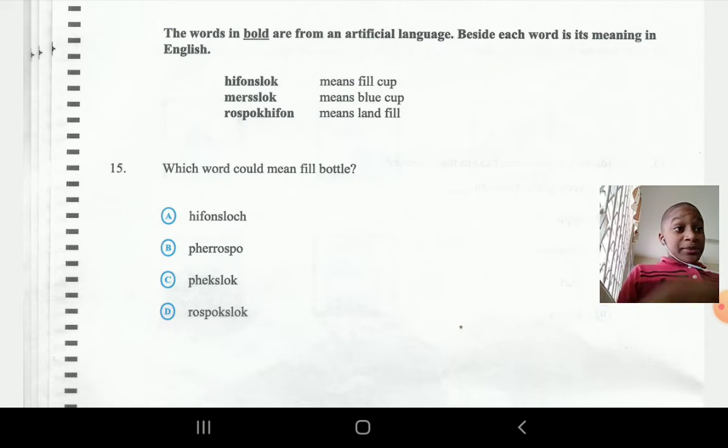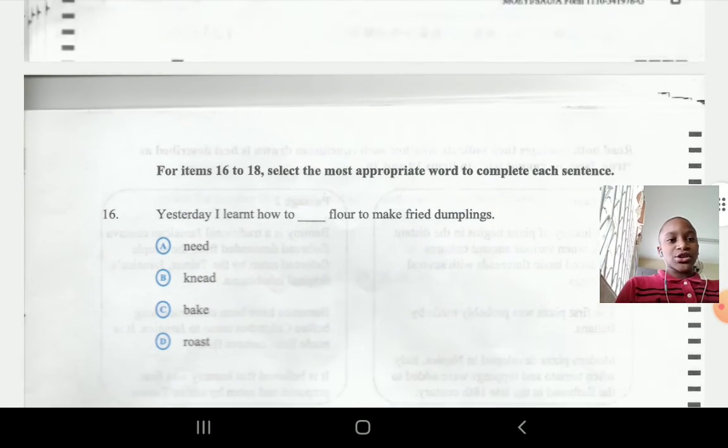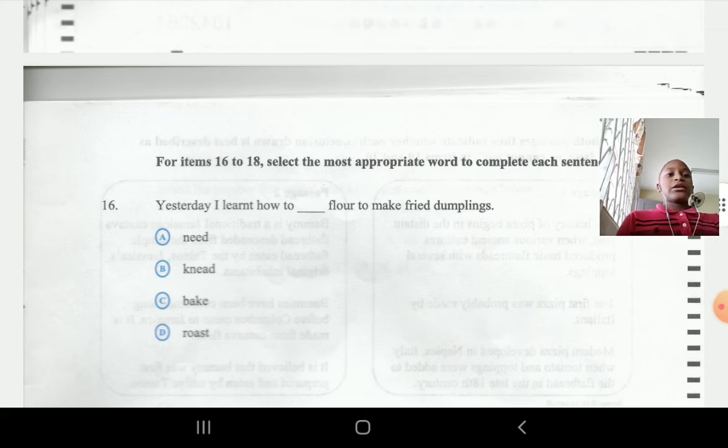So which word could mean fill bottle? You would have to start with hifan, and none of the options except A starts with hifan. So A would be the answer. Hifan slop. Continue. We have to hurry. I don't want this video passing 30 minutes.